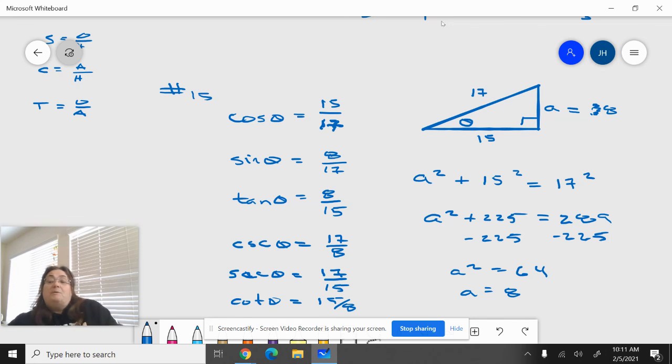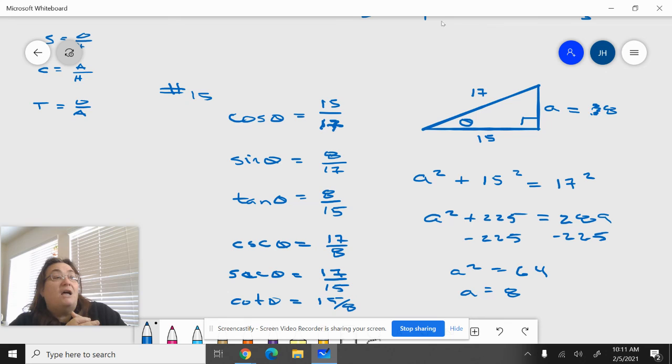So when you go to do this, remember, look for whatever piece is missing, and then you can fill in all of the blanks on that, right? Then it's just a matter of figuring out the fractions for all 6 of the functions. It's giving you one. So if it gave you tangent, you would know that you have the opposite and the adjacent, and you'd have to find the hypotenuse.